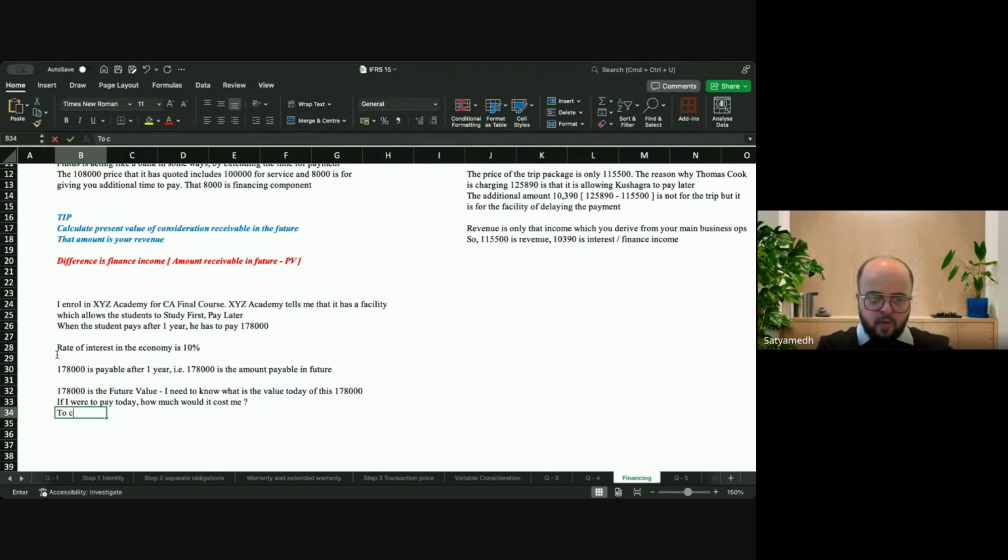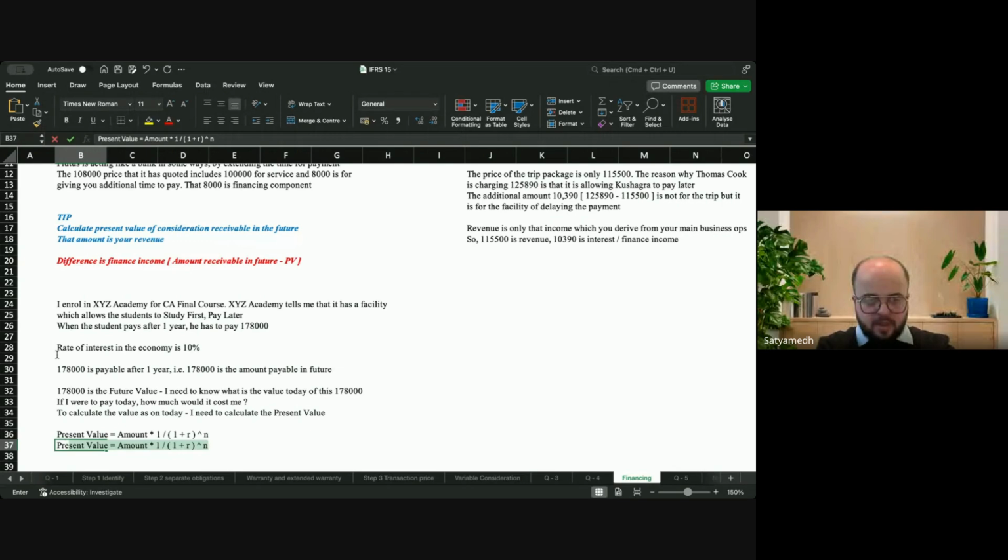So to calculate the value as on today, I need to calculate the present value. Present value of anything is amount into 1 upon 1 plus r raised to n.